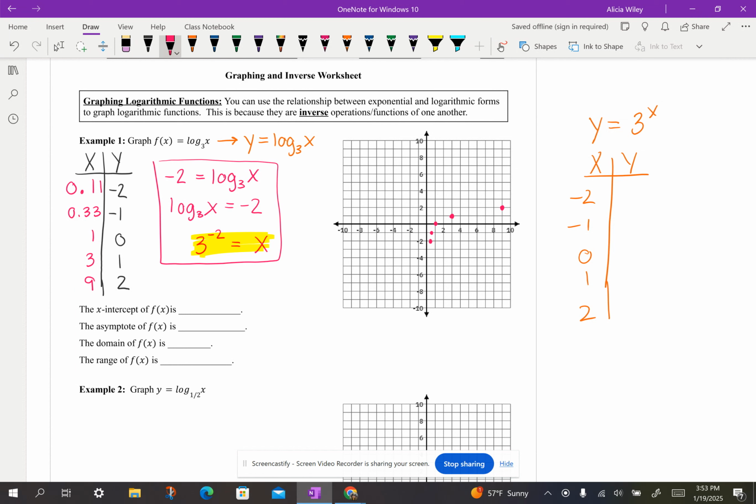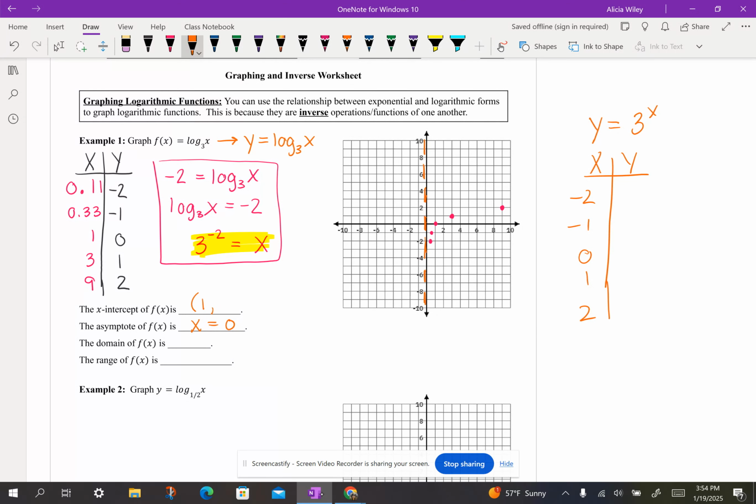There it is. Okay, so the way that the asymptote works on these log functions is the opposite of the exponentials. The exponentials were a horizontal line. These are a vertical line. This is an asymptote of x equals 0. And you can see that instead of a y-intercept, it actually has an x-intercept.